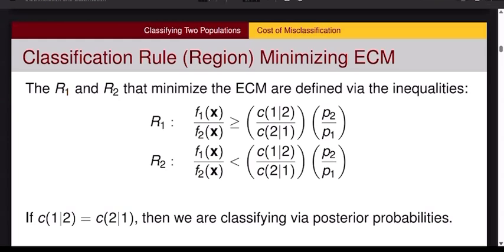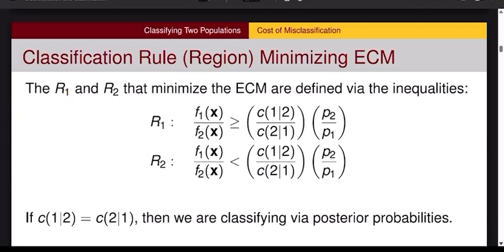I'm going to say that again. When you're trying to set up a classification rule, the rule of allocating a new observation into a group, you have to take into consideration minimizing the expected classification cost.